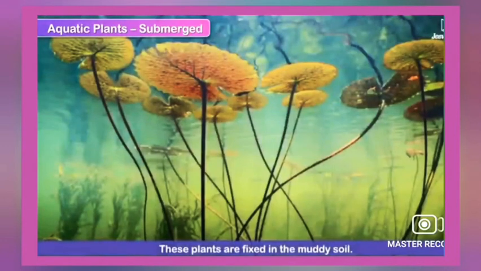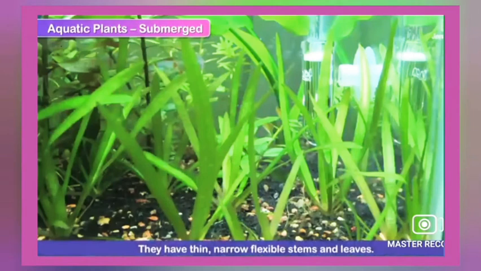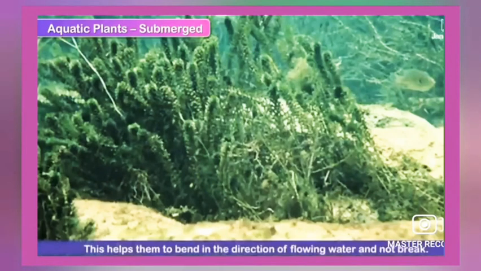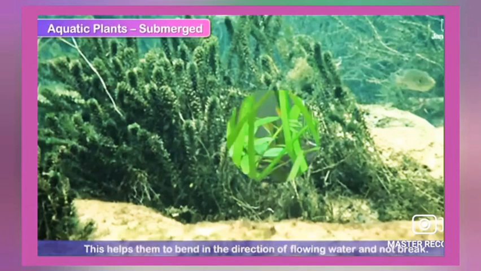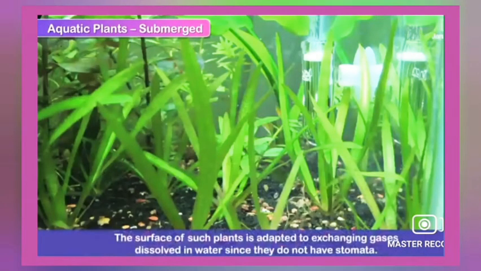These plants are fixed in the muddy soil. They have thin, narrow, flexible stems and leaves. This helps them to bend in the direction of flowing water and not break. The surface of such plants is adapted to exchanging gases dissolved in water since they do not have stomata.